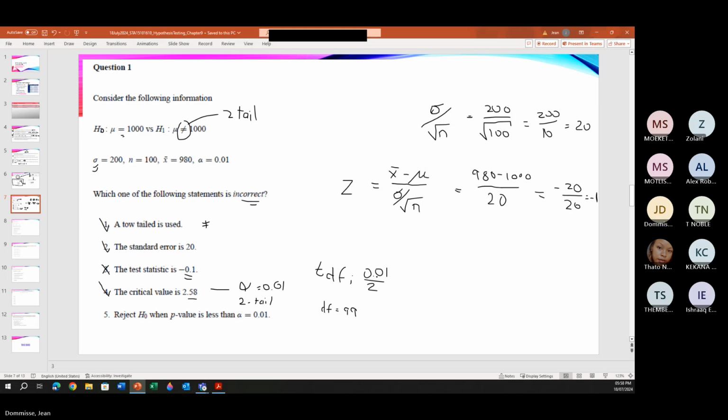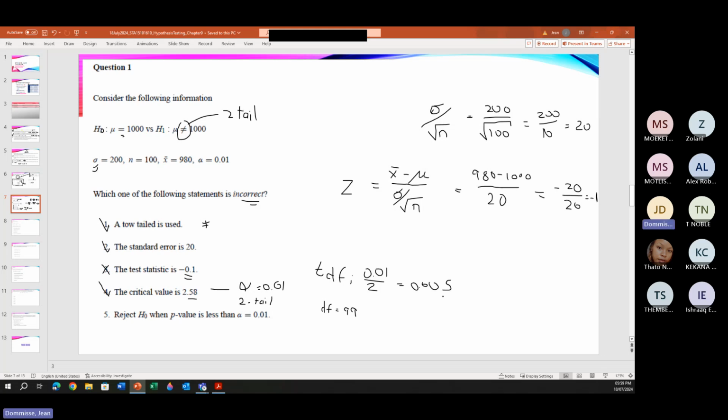So let's quickly check, because it will make a difference on the table as well. That is 0,005.